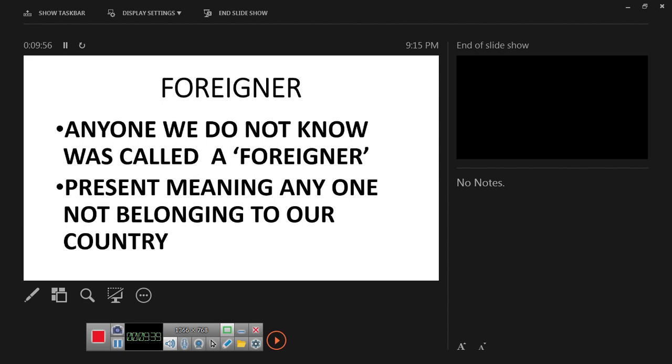So the word meaning changes. A Bangladeshi who lives on the border between Bangladesh and India talks with Indians, but for a Bangladeshi, an Indian is a foreigner, and for an Indian, a Bangladeshi is a foreigner. A Pakistani is a foreigner for an Indian, and an Indian is a foreigner for a Pakistani.